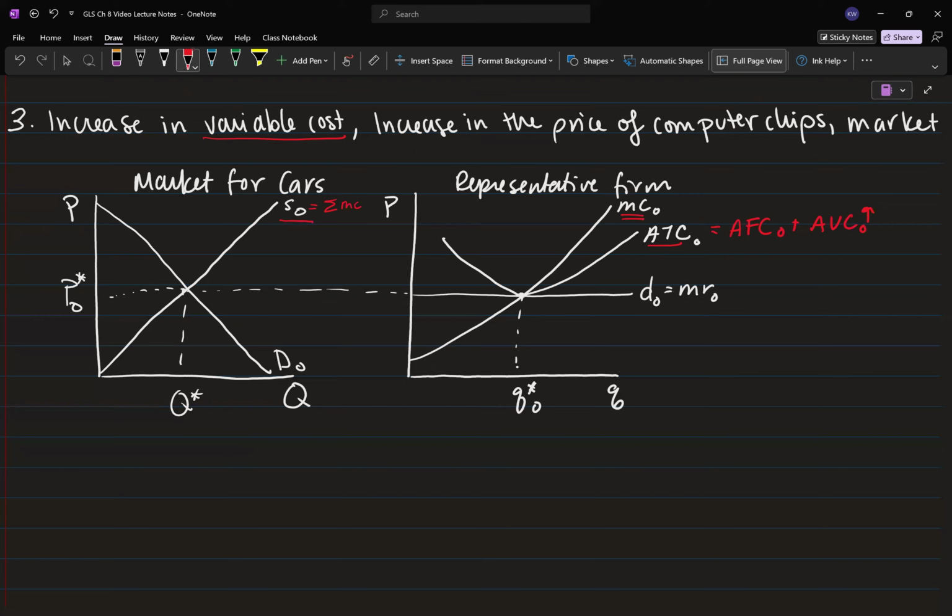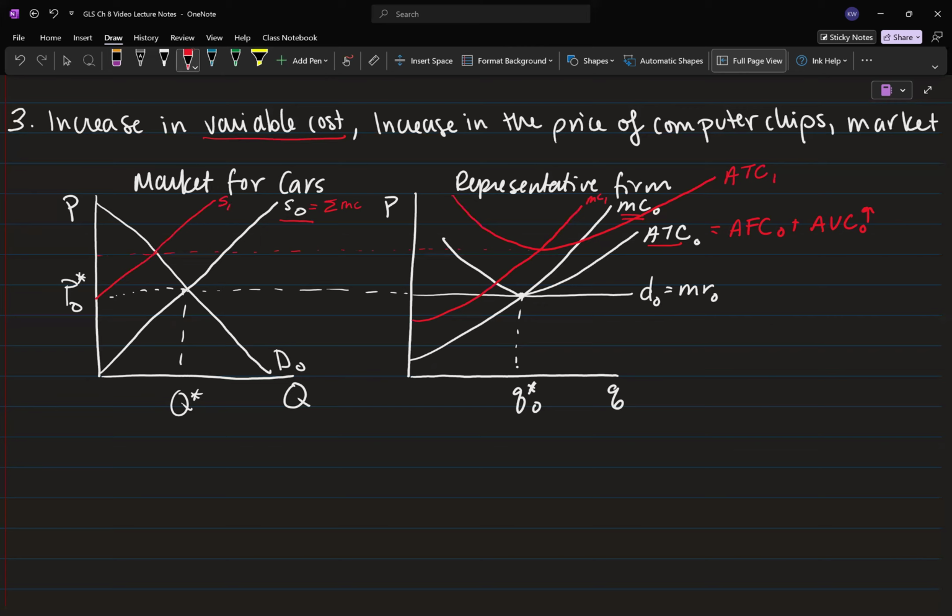All right, so first off, we're going to draw our new average total cost curve. And then we'll also similarly shift our marginal cost curve. And then what we're going to see happen is the supply curve is going to shift exactly with these other cost curves.